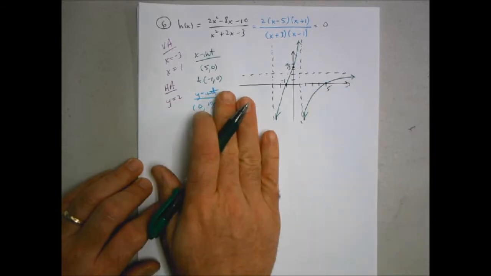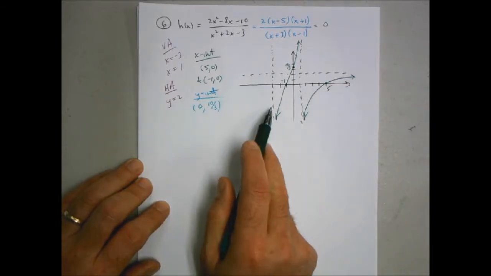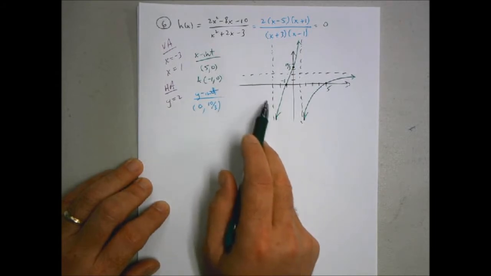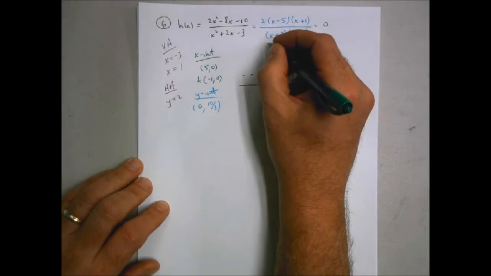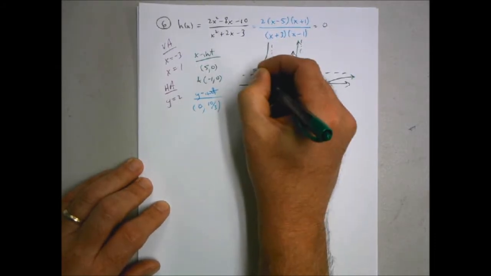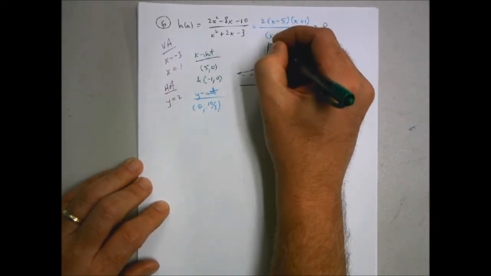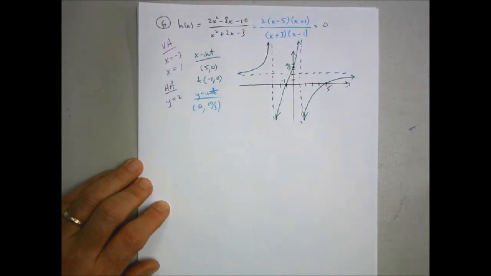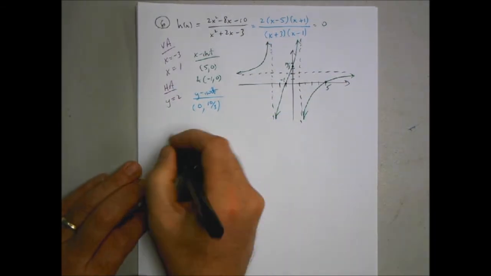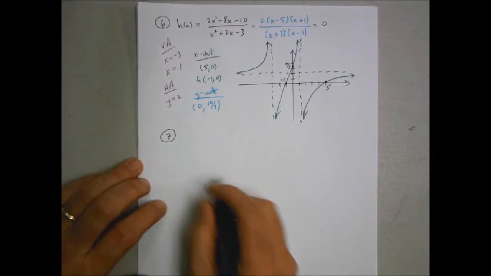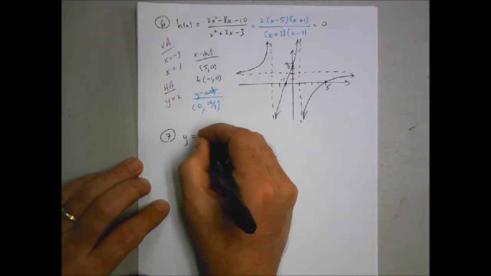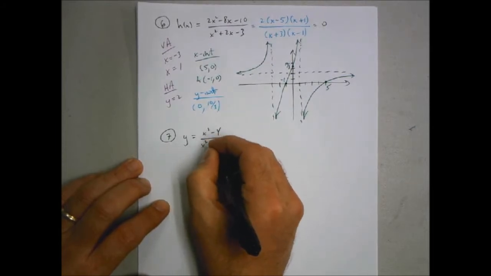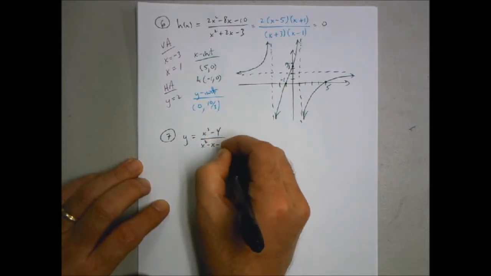Last one. So y equals x squared minus 4 over x squared minus x minus 6. Factored form, denominator x minus 3 times x plus 2, numerator x minus 2 times x plus 2.